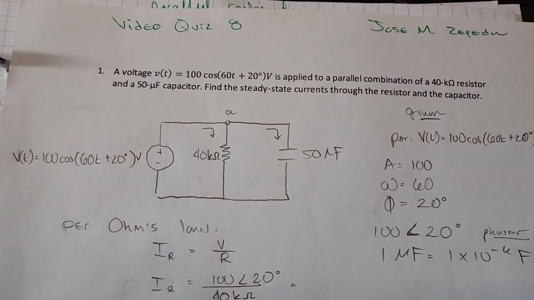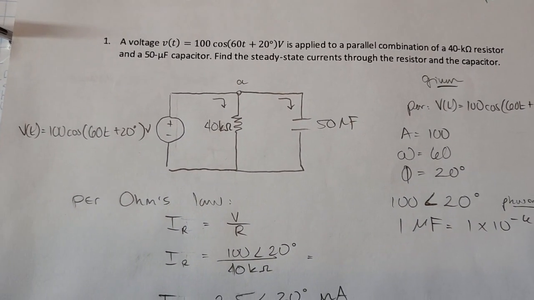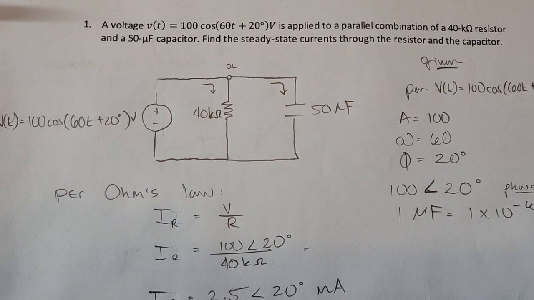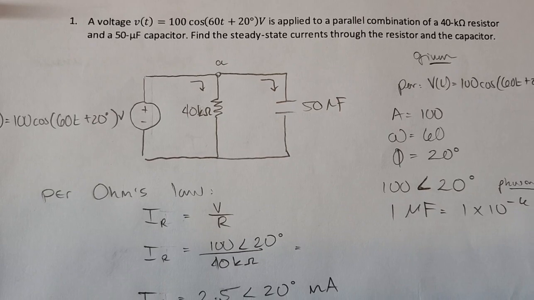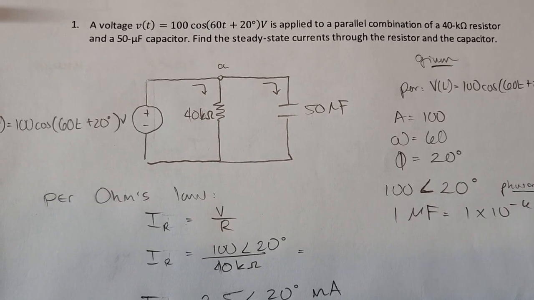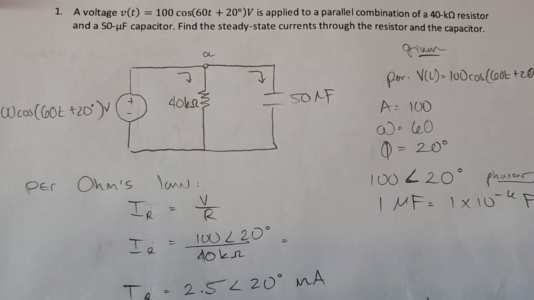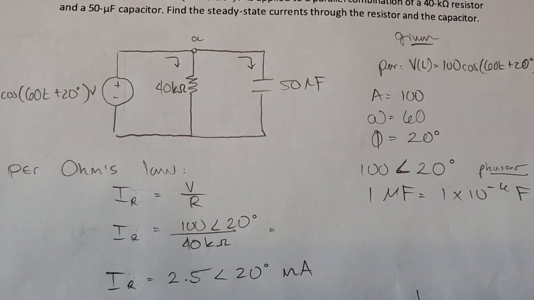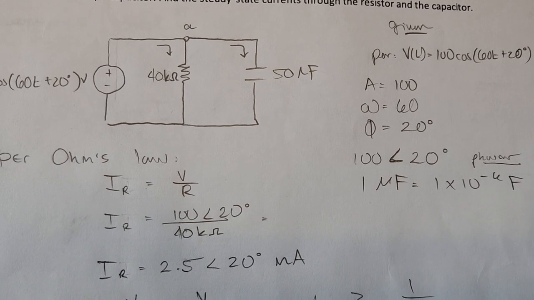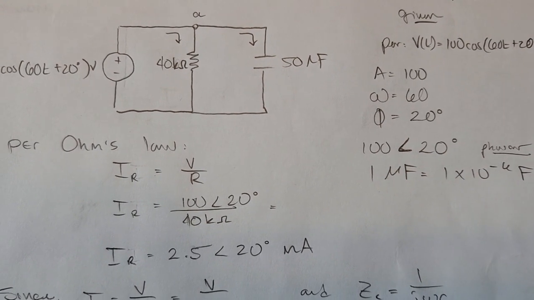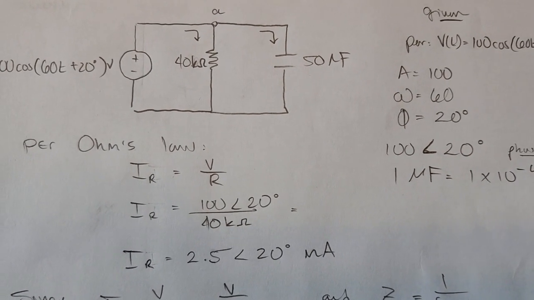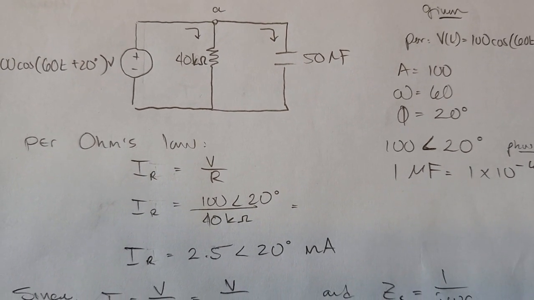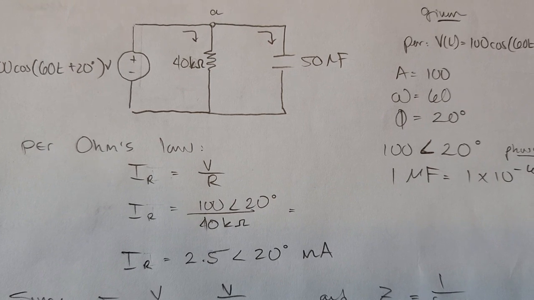And since per Ohm's law, to find the current through a resistor, that's very simple, which is voltage over resistance. And in this case I just calculated, in phasor form, 100 at 20 degrees over the 40,000 ohm resistor.